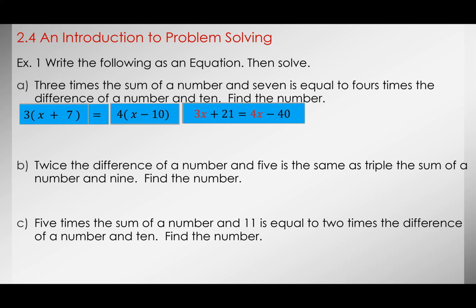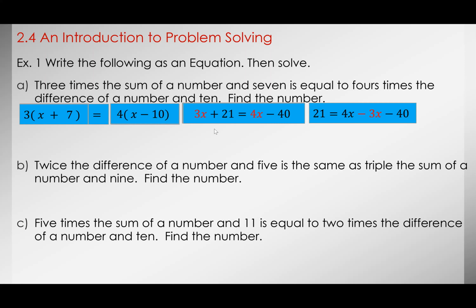If I recognize that I have x on both sides, which in this case I do, my rule of thumb is I move the smaller number to the larger number. The reason is that I don't want to deal with a negative number. If you move a small x unit to the larger x unit, you don't have to deal with a negative.